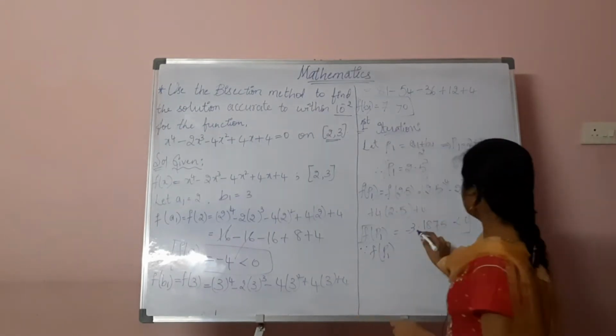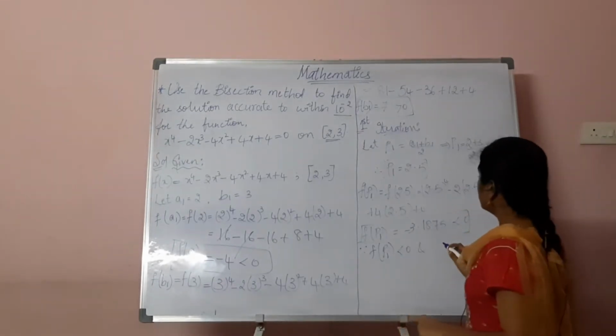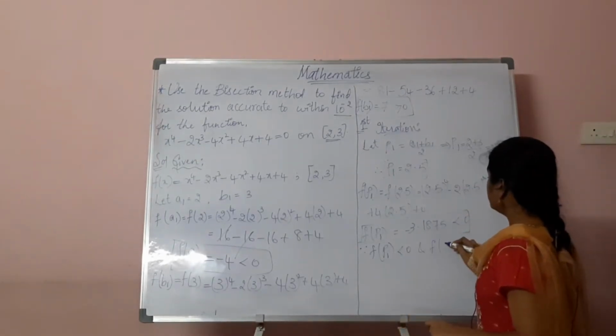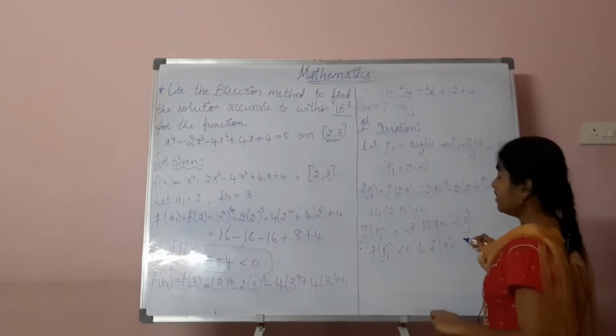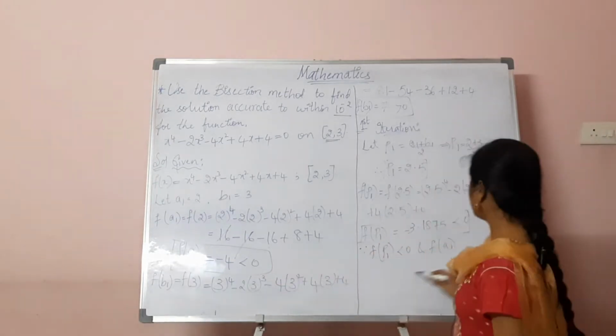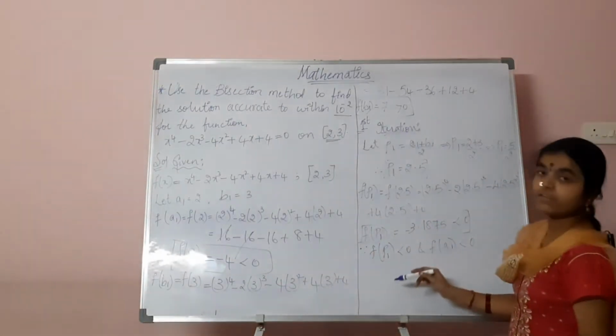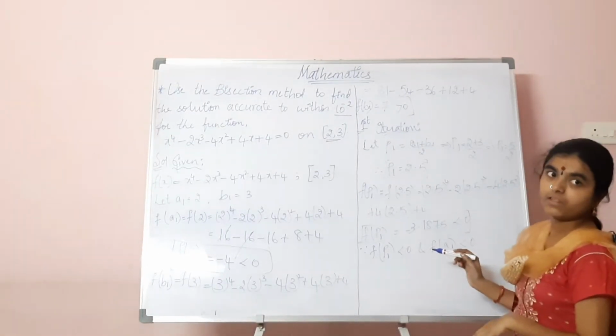Now since f of P1 is less than 0, and f of A1 is also again less than 0. What is f of A1 here? Minus 4. That is also less than 0. So both are less than 0. P1 is less than 0 and A1 is less than 0.